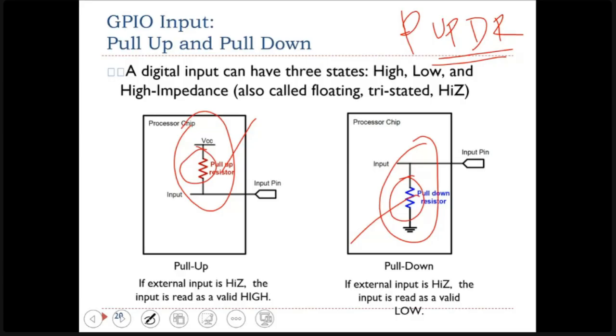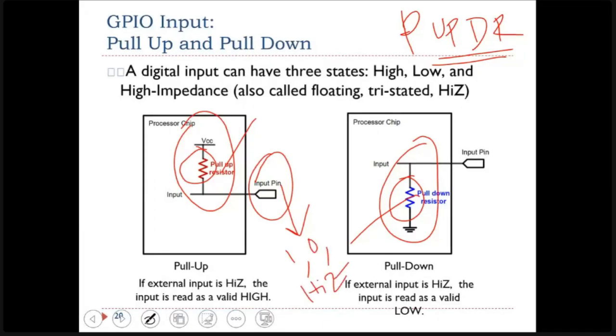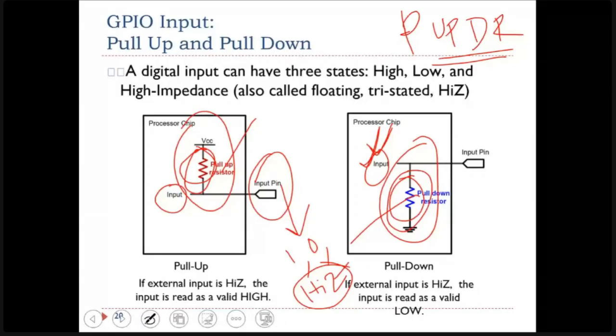For this case, this input pin might have 3 different states: a high or a low or a high impedance. So that a high impedance value doesn't appear at this input internally, you make use of either a pull up or a pull down resistor, because you always want a valid value at this input internally.